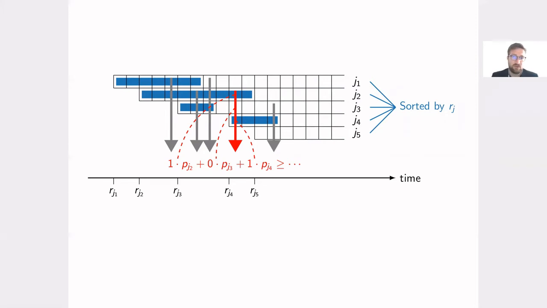And a job contributes a value of its pj value if it's not completed by the time that's corresponding to the ray. Or put differently, if one of these blue prefixes intersects with the ray, then we take the pj value of the job into the sum. And we have to select prefixes in a way such that the demand for each of these rays is covered.